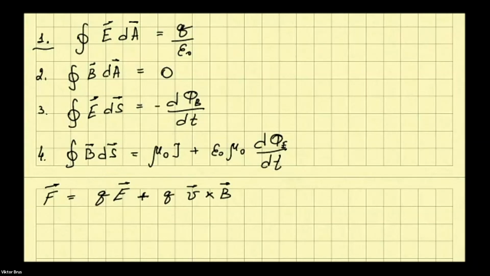So the electric field flux through any closed surface equals the net electric charge inside that surface divided by the permittivity of free space epsilon naught, assuming that this is in vacuum where the electric constant is equal to unity.